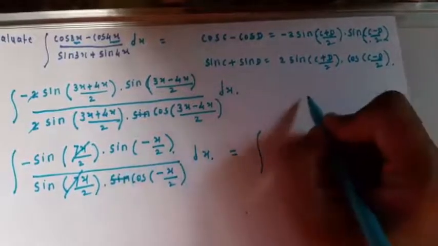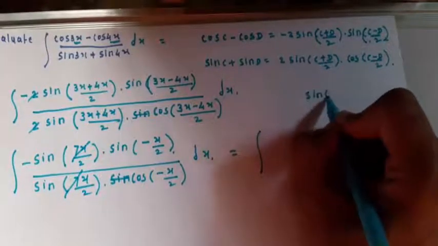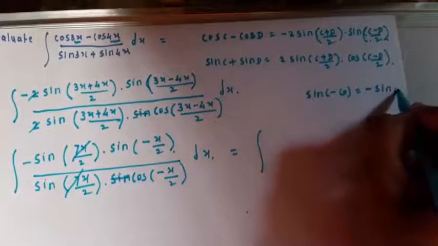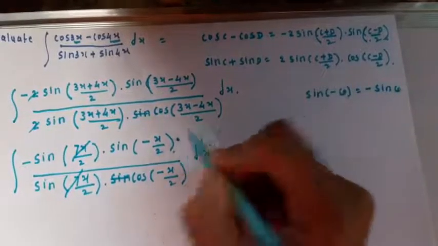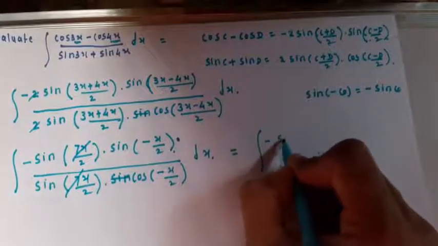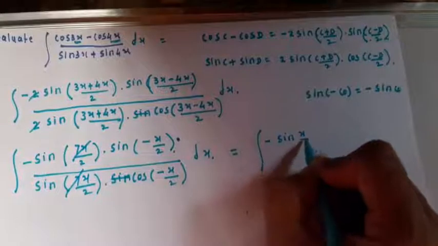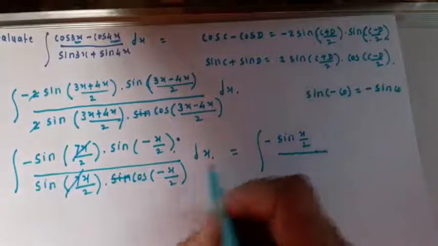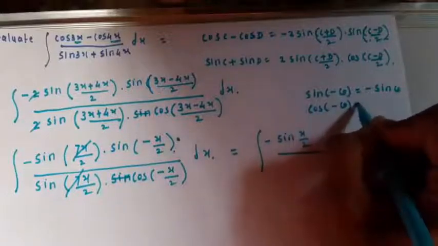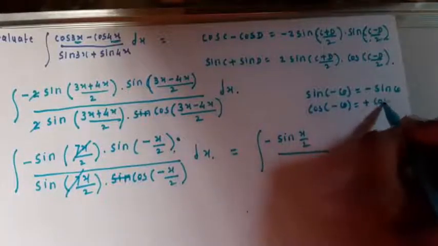Now this is equal to, we know that sin of minus theta equals minus sin theta. By using the formula here, sin of minus x by 2 is minus sin of x by 2, upon cos of minus theta equals plus cos theta.